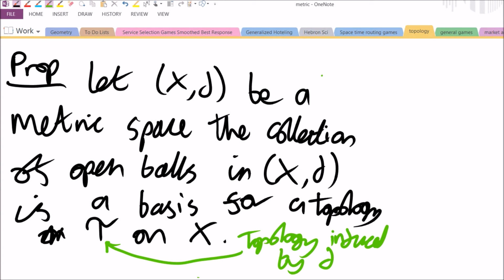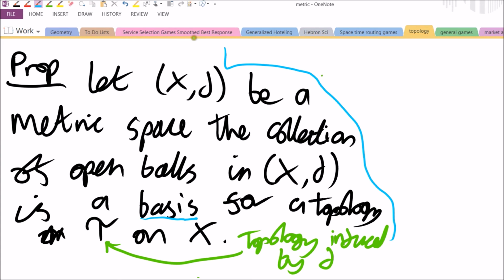Okay, so this is like a central bridge result, so I just want to be very clear about what all these different concepts mean. Firstly, the idea of a basis. I talked about this idea a lot in lecture 3, but I might as well remind you.